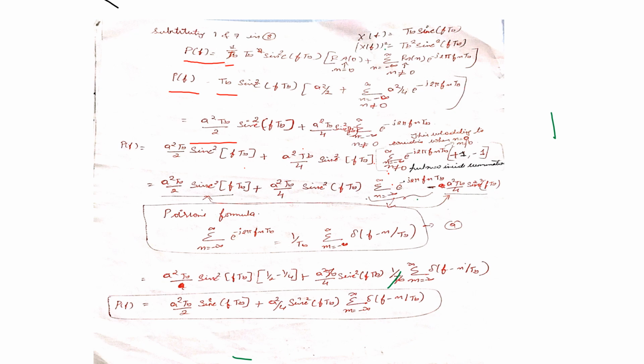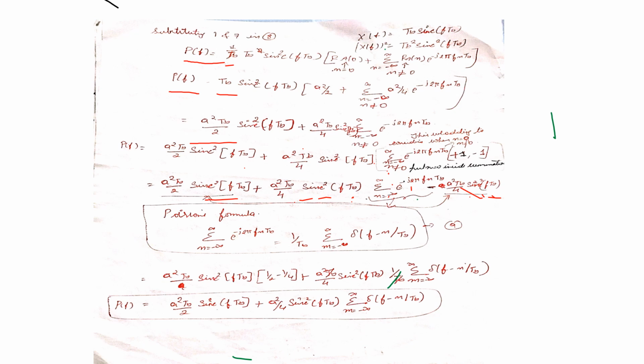So when n is equal to 0, e to the power of minus 0 is going to have the value plus 1, and we are retaining minus 1 as it is. So now we have e to the power of minus j 2 pi f n T_b, and A squared sinc squared f T_b, and A squared divided by 2 sinc squared f T_b. Now we got the 4 terms.